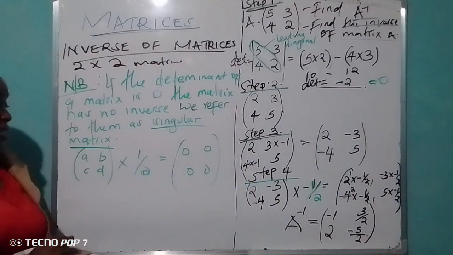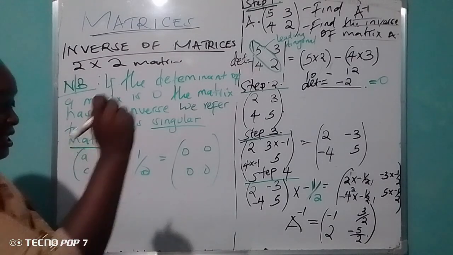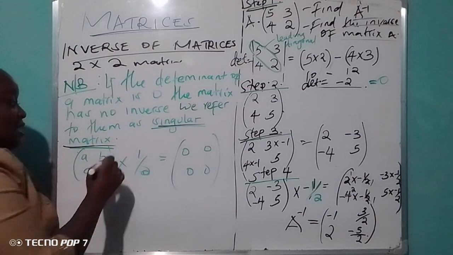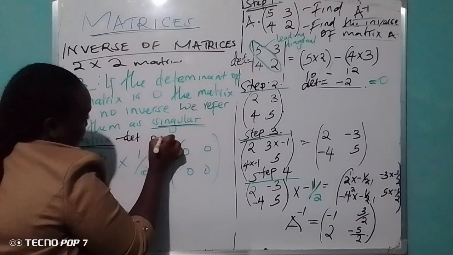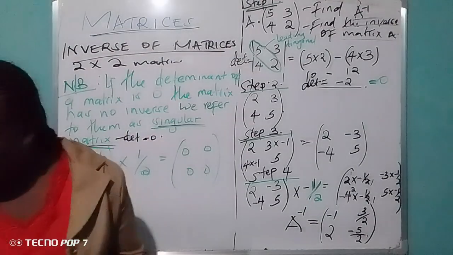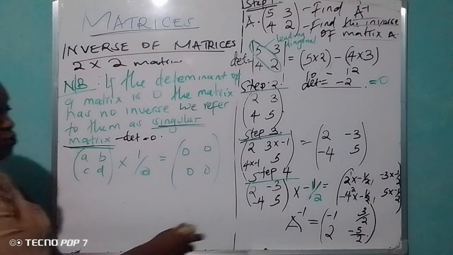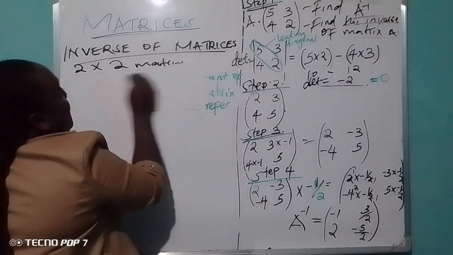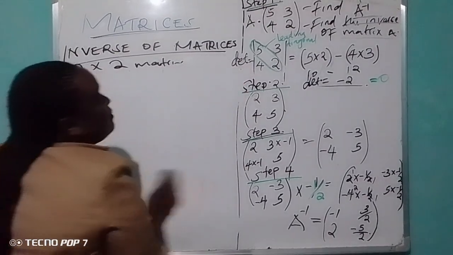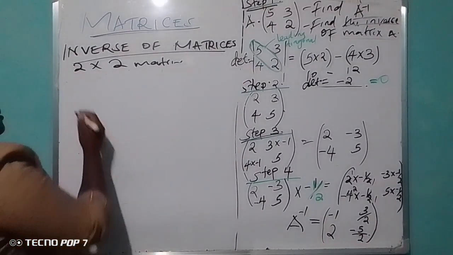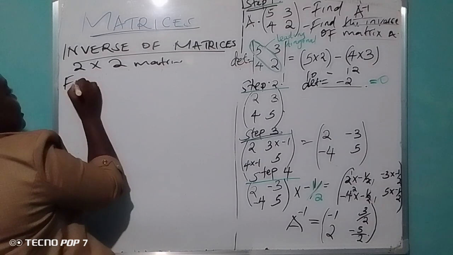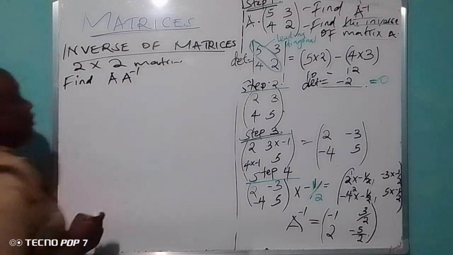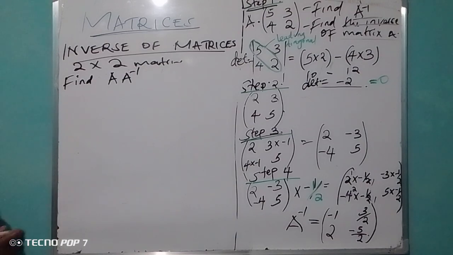Okay? So tumesoma about getting the inverse na tumesoma about singular matrix. Determinant is 0. Okay? So tunafuta hapa. We want to multiply, find A times A inverse.